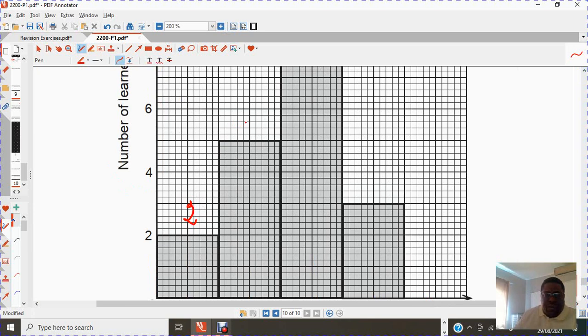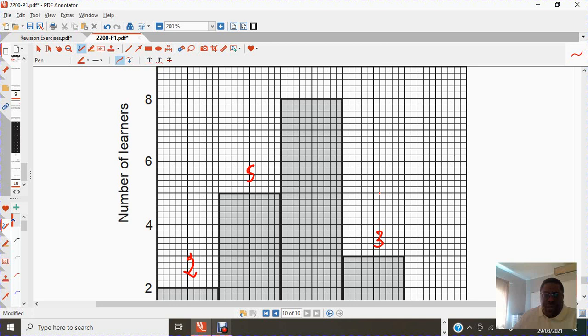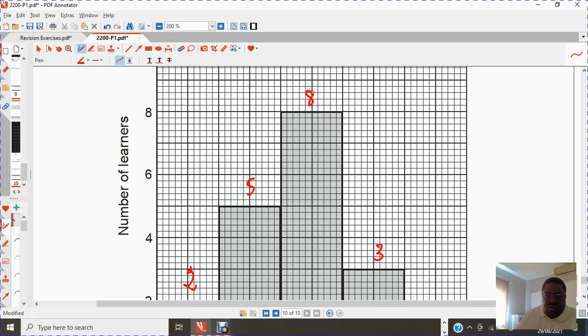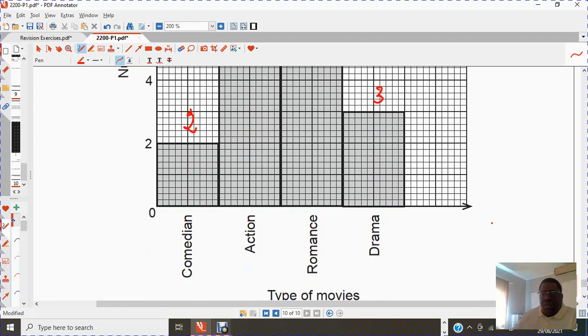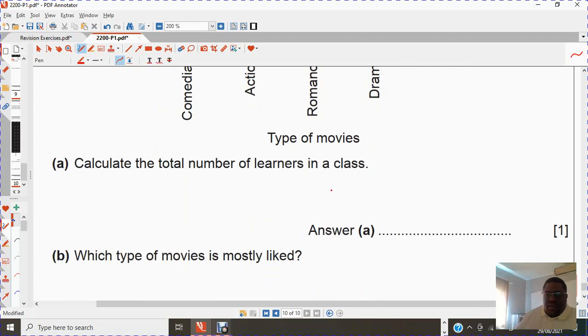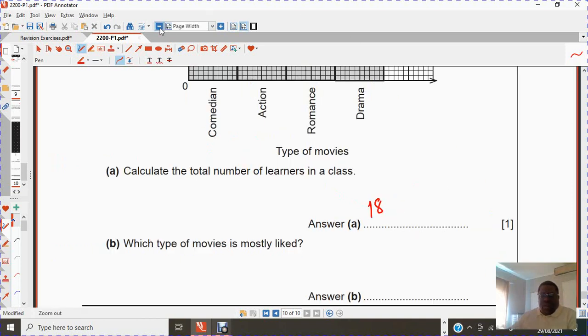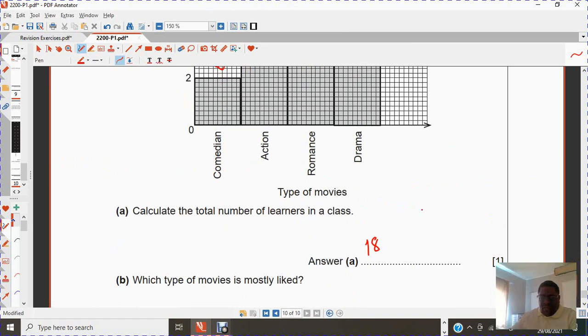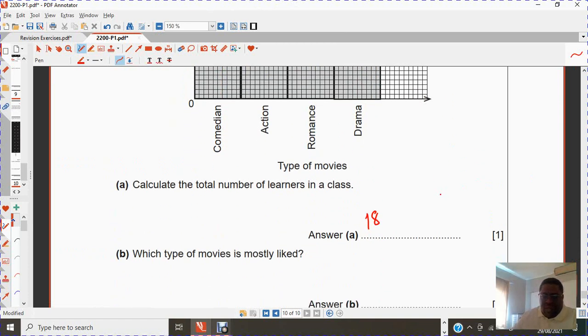This is 5 learners, halfway between, and this is also 3, halfway between 2 and 4, and this is 8. So the number of learners is going to be 10 plus 8, so it's going to be 18 learners. All right, so you can go ahead and make sure that you get the correct information as far as that is concerned.